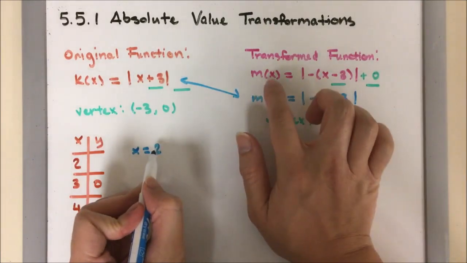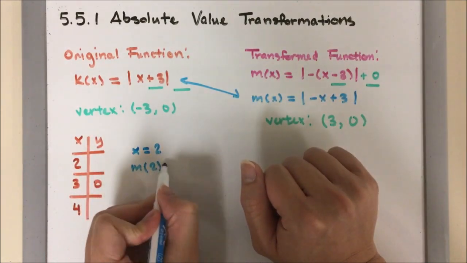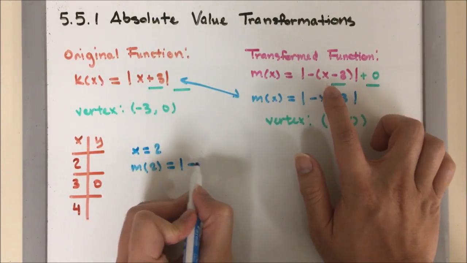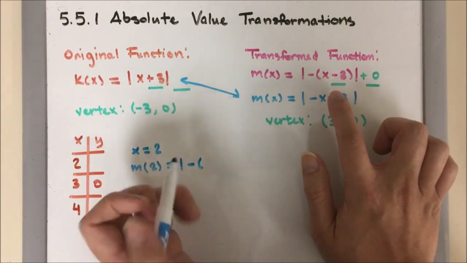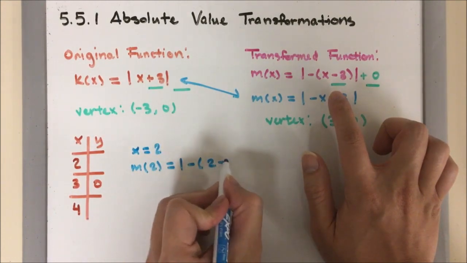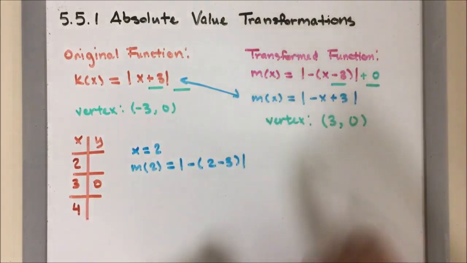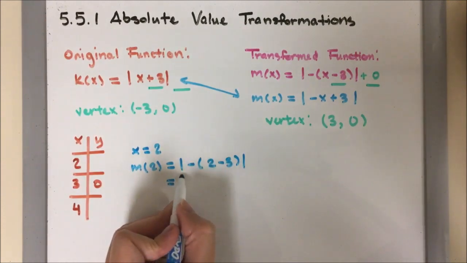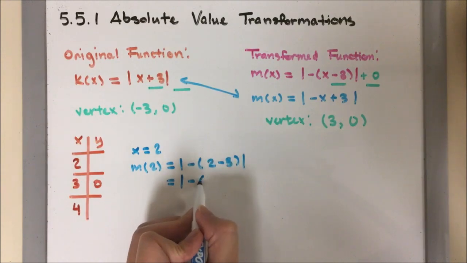And now I'm going to plug into the m of x function. So I'm going to write exactly what I have. So absolute value, negative, parenthesis, 2 minus 3, close parenthesis, and then absolute value. I'm going to do this one step at a time. I'm going to simplify the inside of the parenthesis.